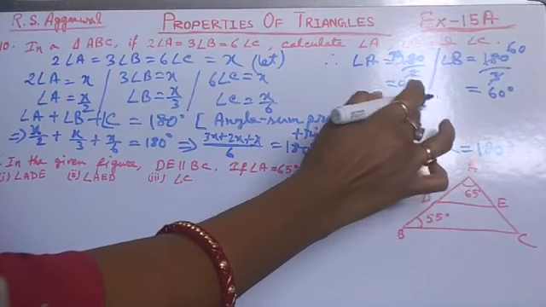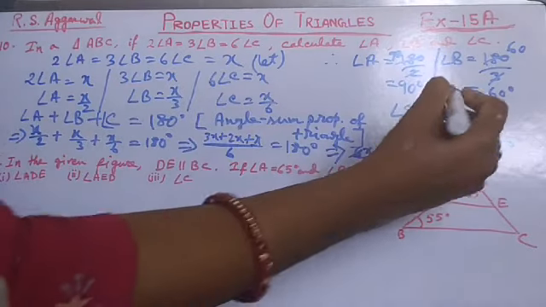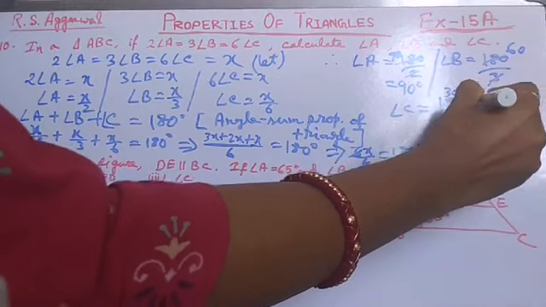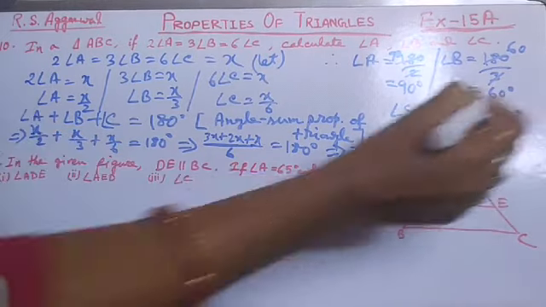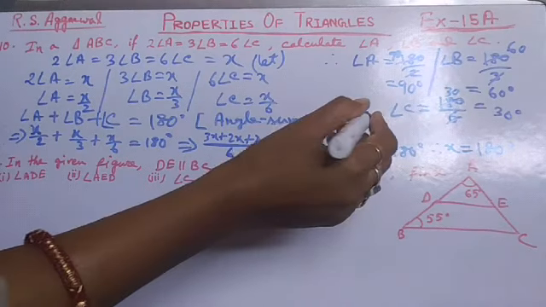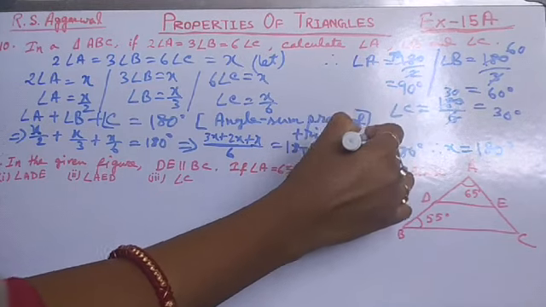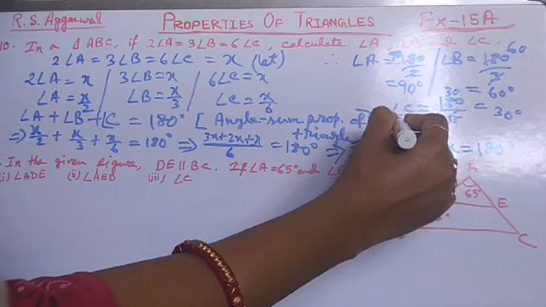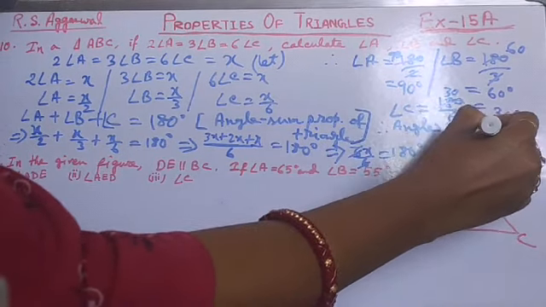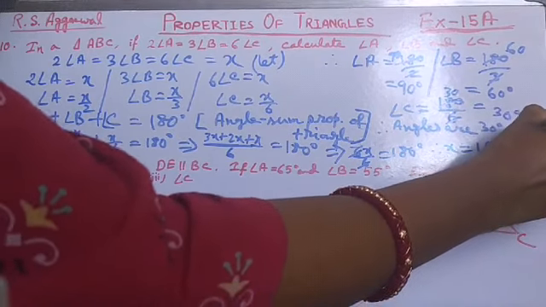Angle C equal to x by 6, that means 180 divided by 6, so 30 degree. So therefore the angles are 30 degree, 60 degree and 90 degree.